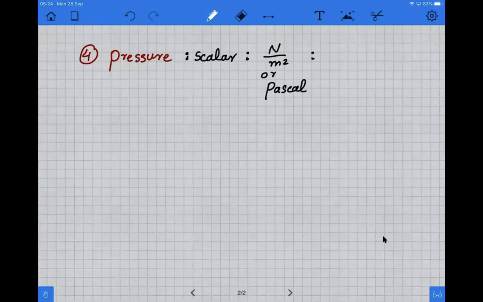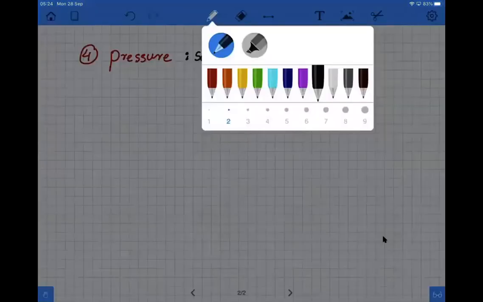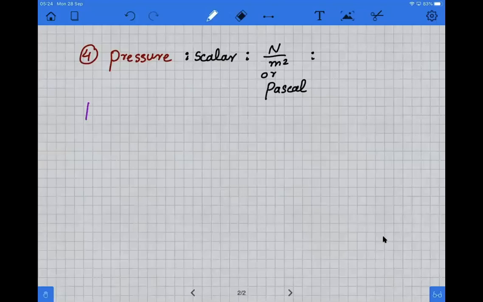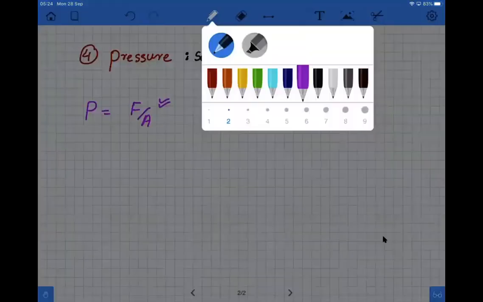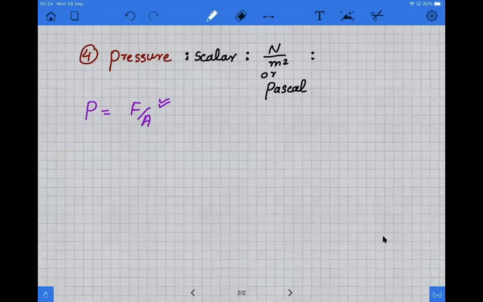We can find the base unit of pressure if we have some formula for pressure. Generally, pressure is force over area, or sometimes it is rho gh in different cases. So if we write pressure is force over area, then the unit of pressure will become Newton per meter square.